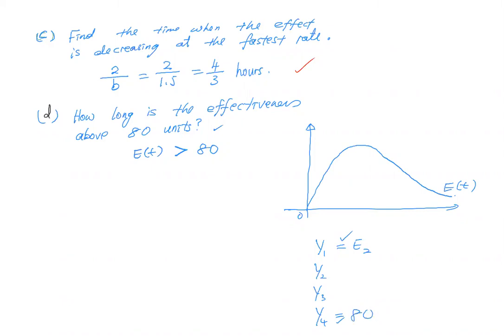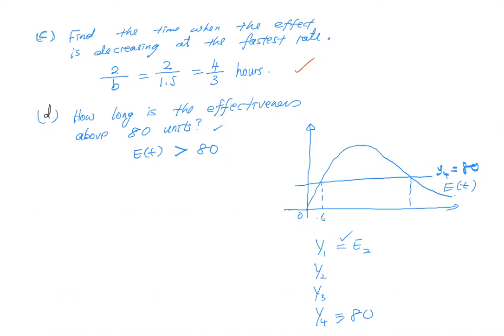So in Y4 you put 80, and you have the 80 line here. Then you find the intersection points.